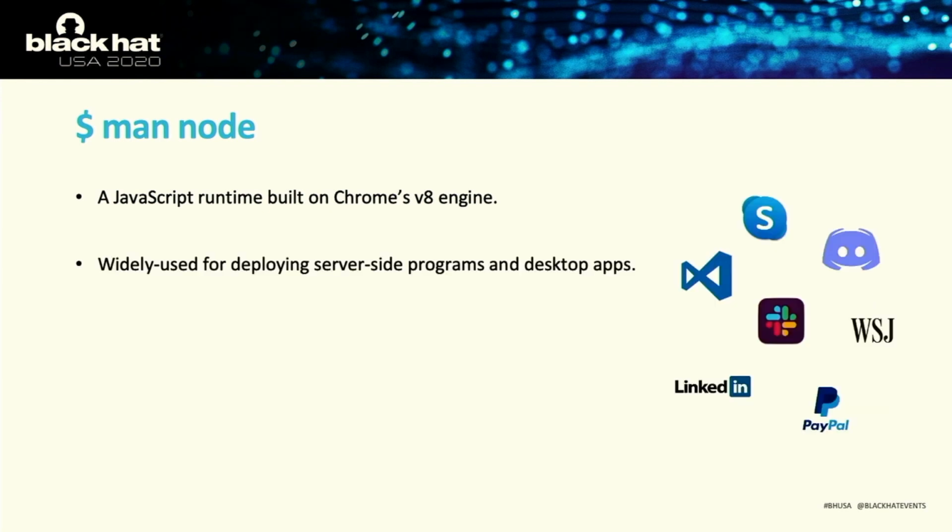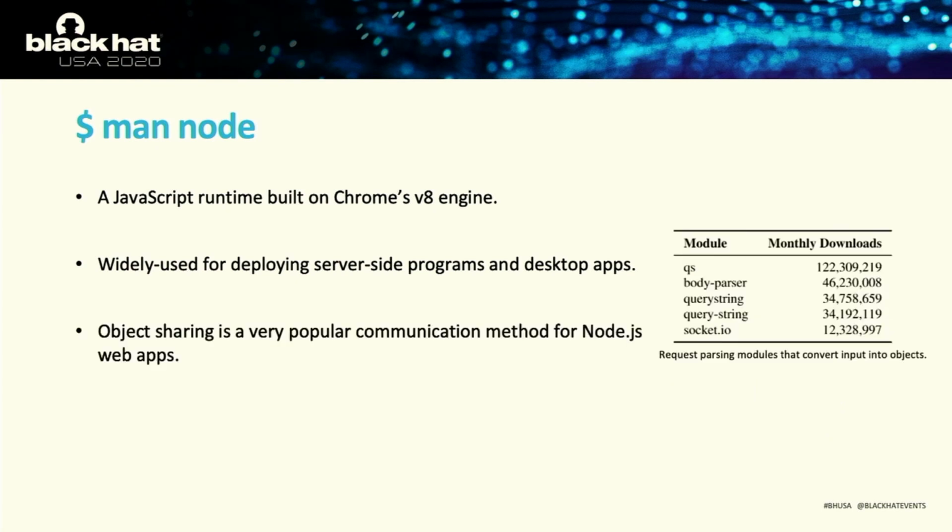Nowadays, many websites are deployed in Node.js. For example, Node.js is intensively used in companies like LinkedIn and PayPal. And we also use a lot of Electron apps, which are also powered by Node.js runtimes. Web-based applications are the most common type of Node.js program.